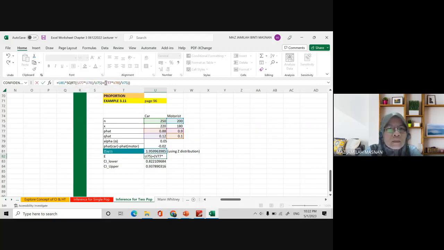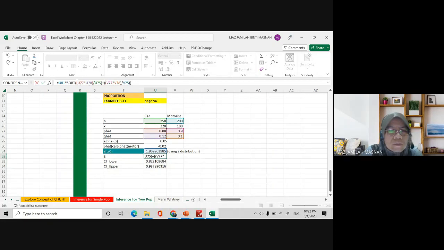Okay. And the same goes for this one. P hat, Q hat for sample 2 divided by, so this one should be another bracket. Okay, bracket, bracket, bracket, bracket.